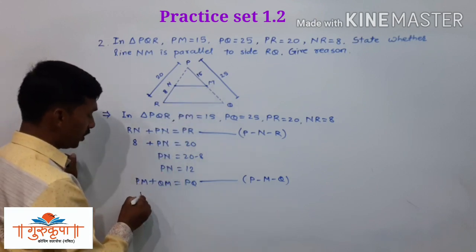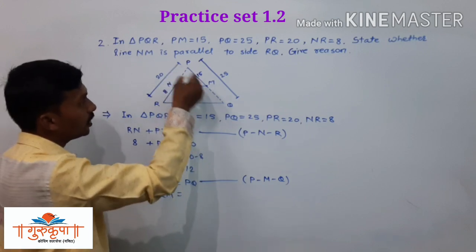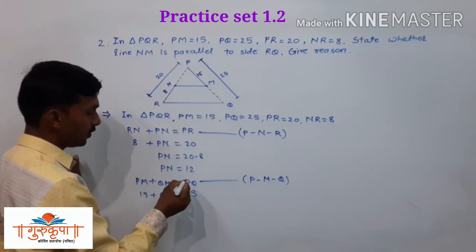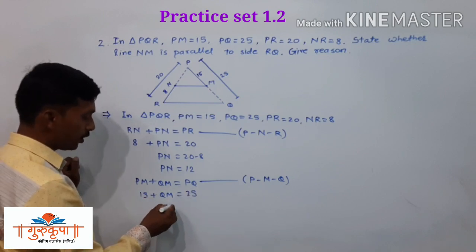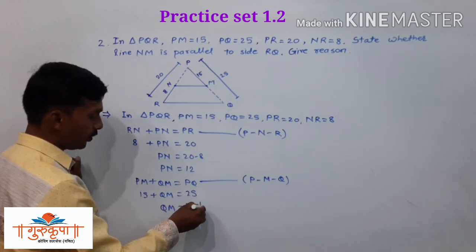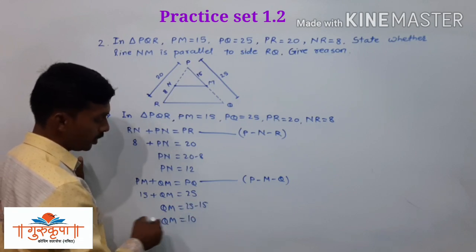PM is given 15, QM we have to find, so QM as it is equal to PQ, that is given 25. Now transfer this 15 to the right side and you will get QM is equal to 25 minus 15, that is QM is equal to 10.